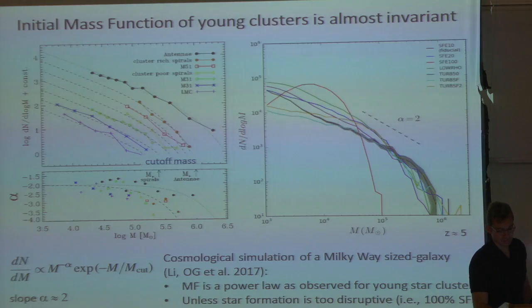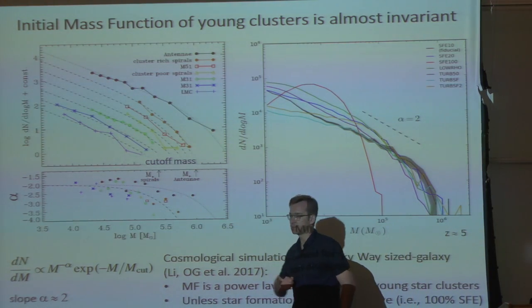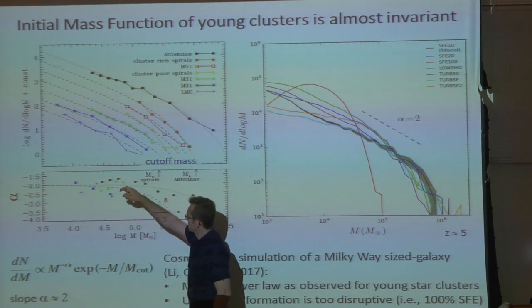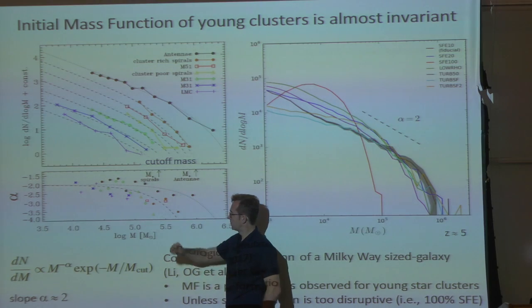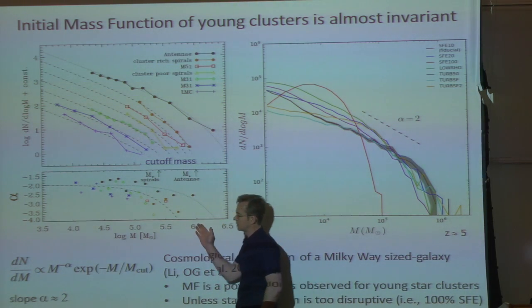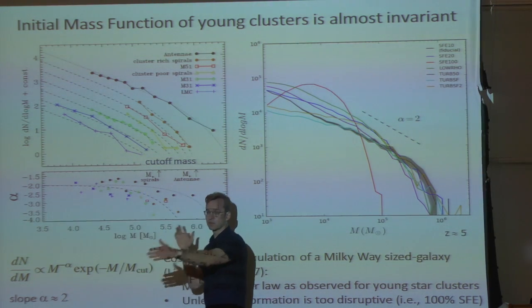And what's more, amazingly, the mass function of these clusters is almost uniform. The mass function is the number of clusters as a function of their mass. They vary from 1 million solar masses down to about 1,000 that we can measure, so it's still quite a large range.